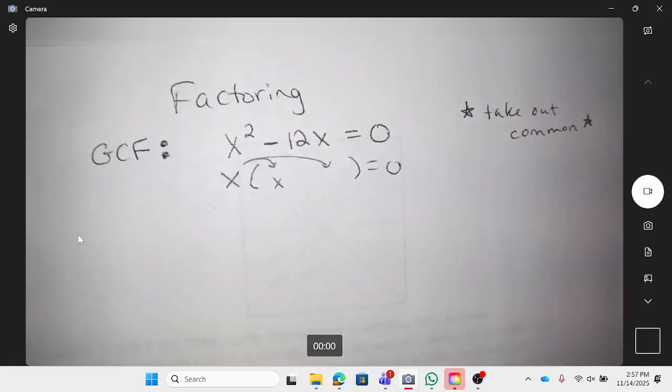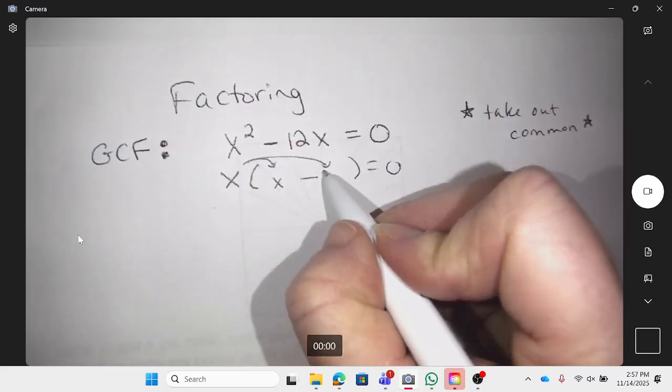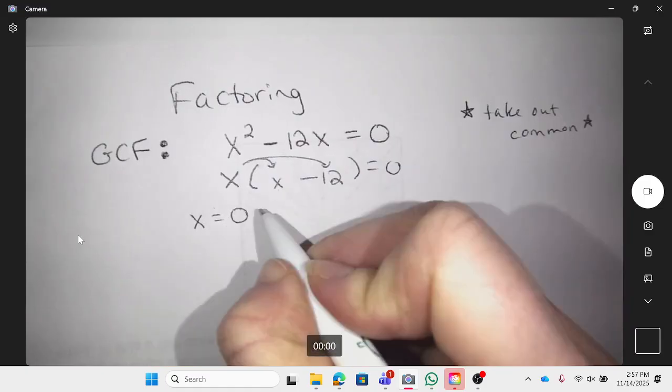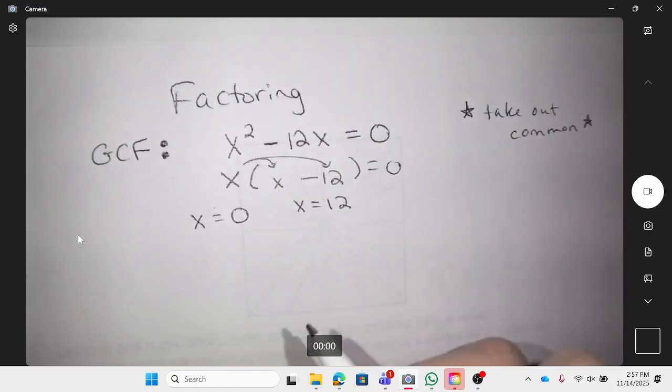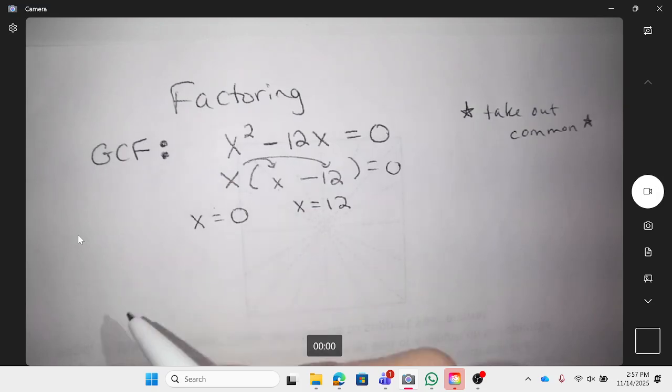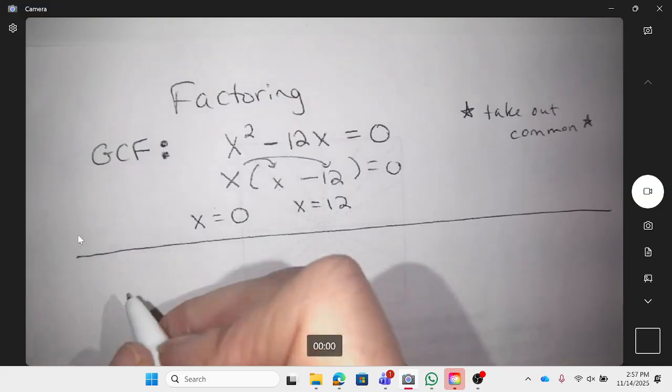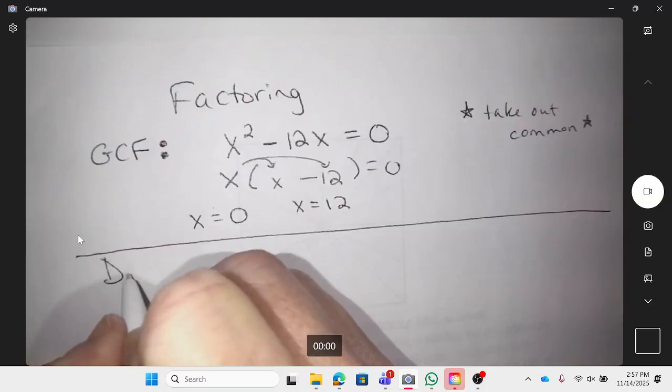X times x to get x squared, and x times negative 12. Good? D of S.